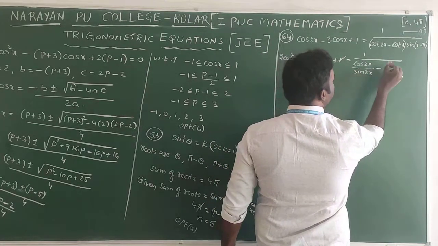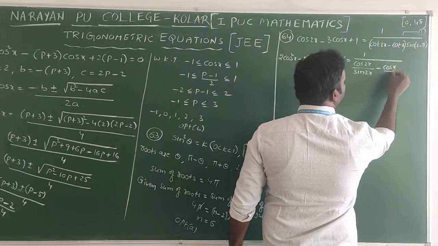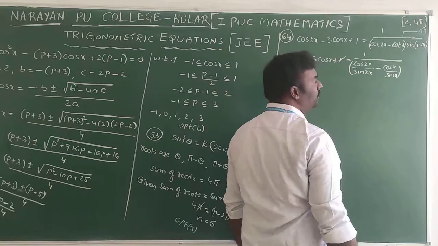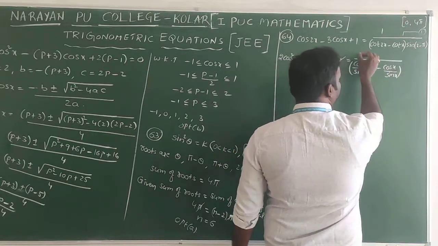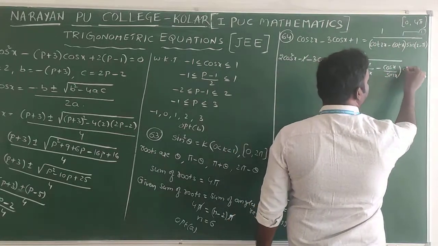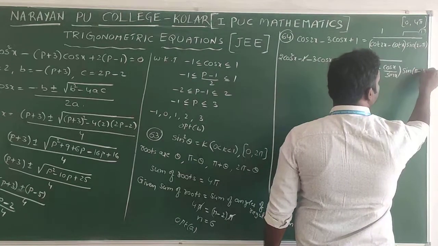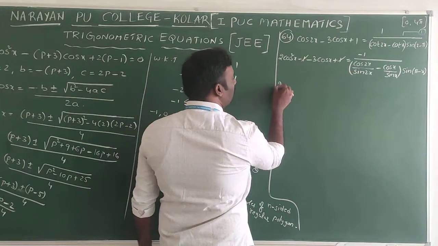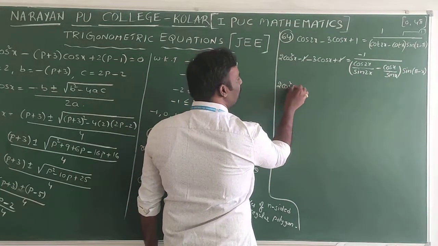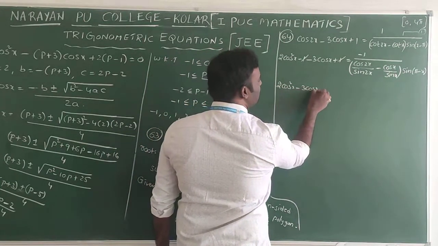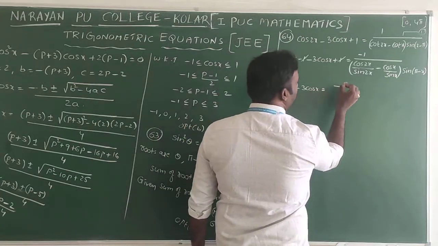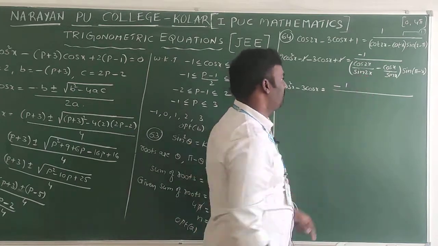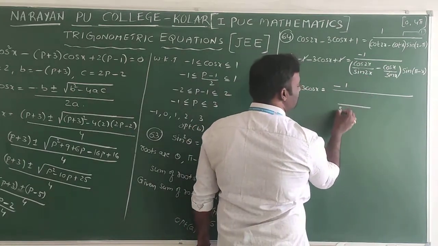Here also cot x can be written as cos by sin. If you take minus common, you can write this is sin(pi minus x), and the minus I wrote on the numerator. Now 2 cos square x minus 3 cos x is equal to minus 1 by, I will take the LCM here, sin 2x into sin x.